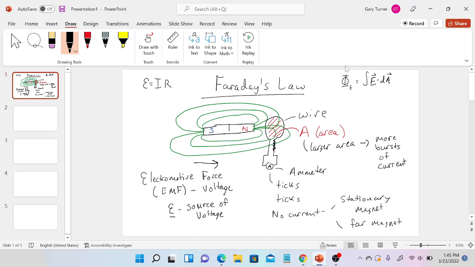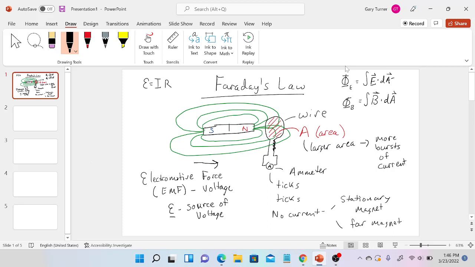So this was the electric flux, and we defined the magnetic flux to be the same kind of thing. It's the strength of the magnetic field over a surface. Now, the electric flux was actually over a surface, but that surface has an area, and the magnetic flux is over the cross-sectional area of a loop or a plane or something like that. It doesn't necessarily have to be a closed surface.